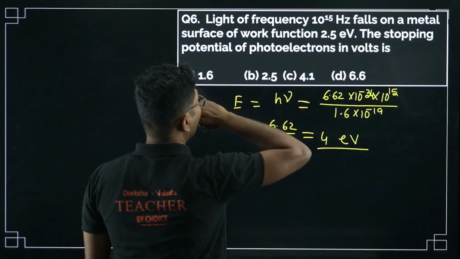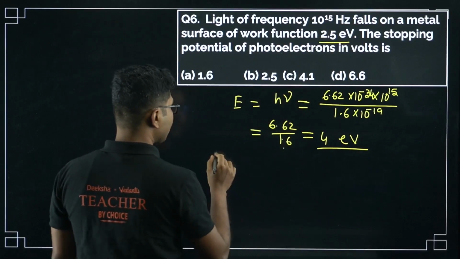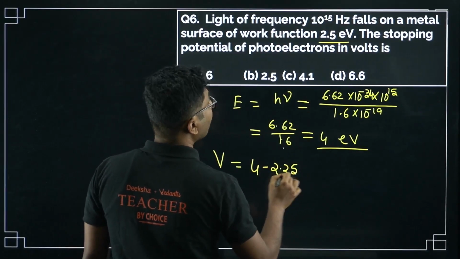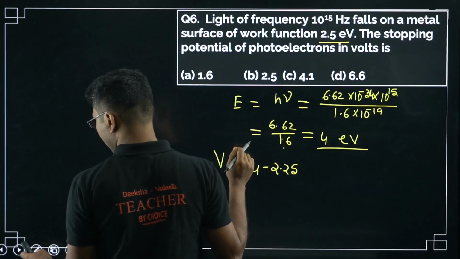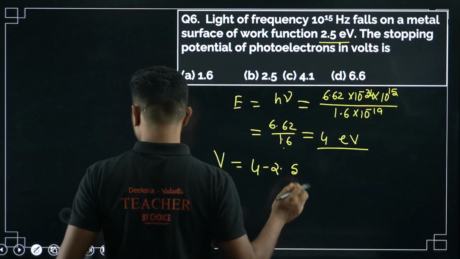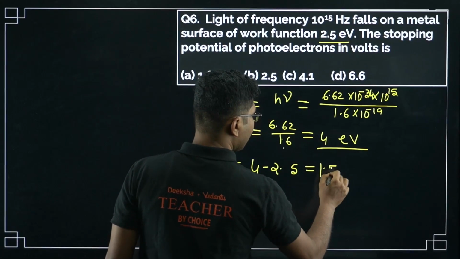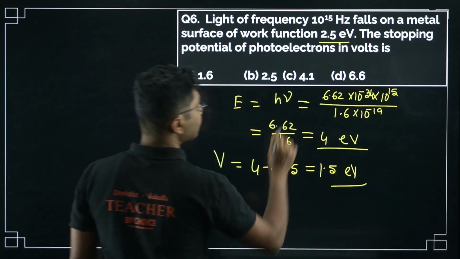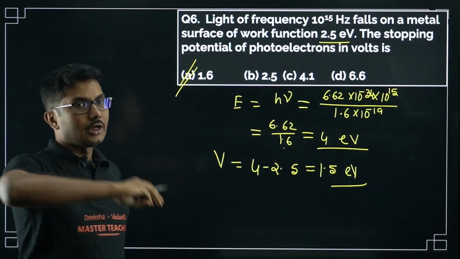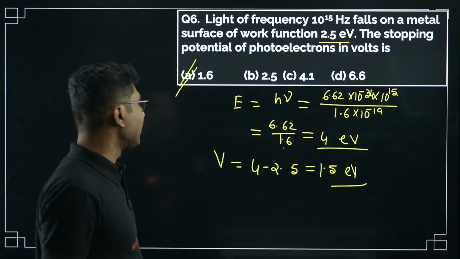Now the work function is 2.5 eV, so the stopping potential is 4 minus 2.5, that is 1.5. So the answer is about 1.5 V. Now if you see the options, only one is close, that is 1.6. This is the closest. Always the closest is the greatest.